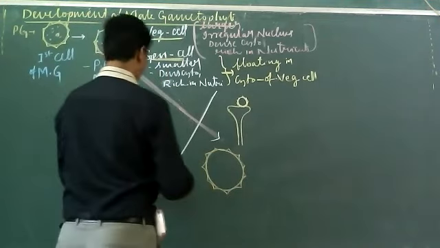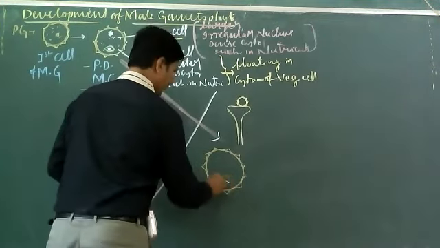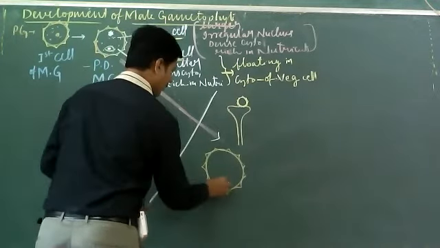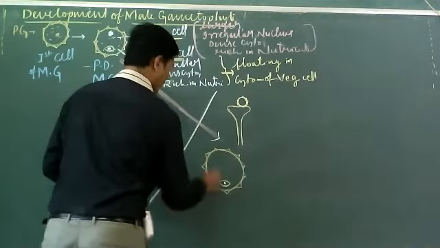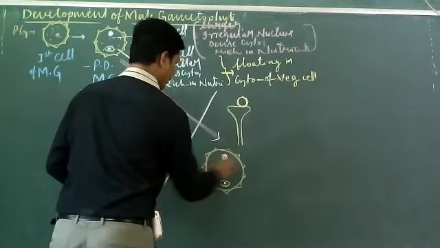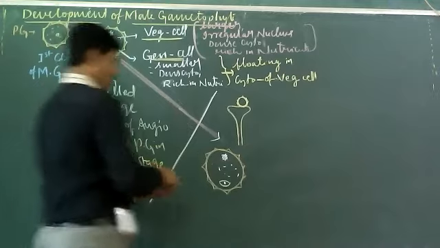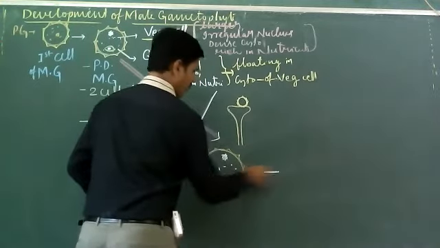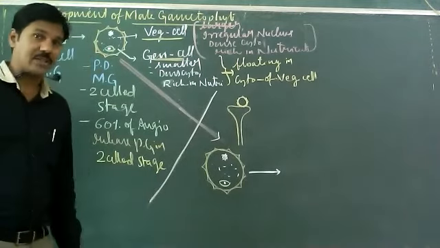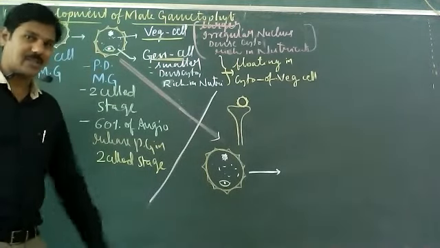Two cell stage. The generative cell once again divides by mitosis.